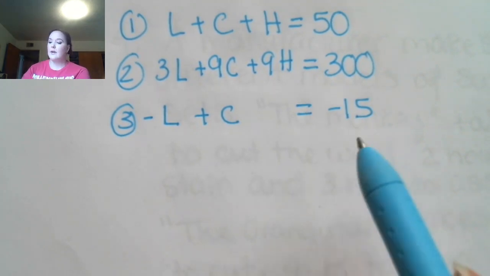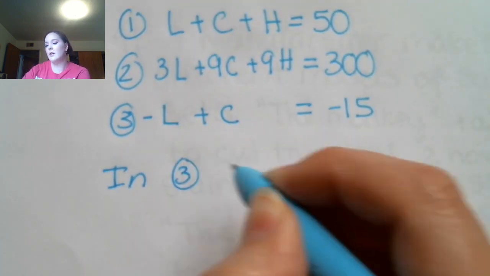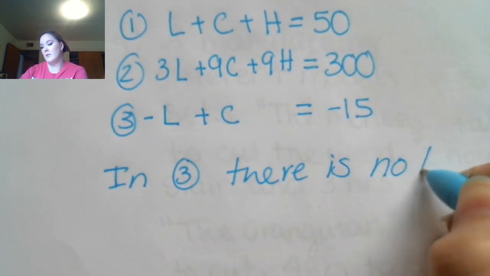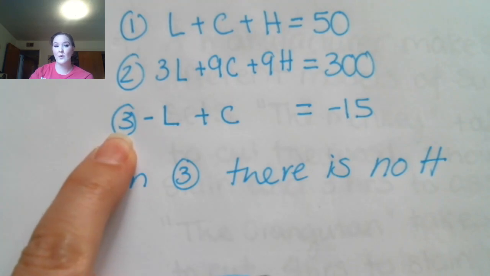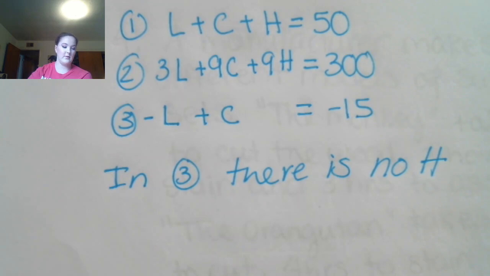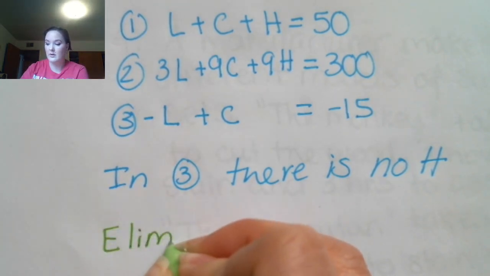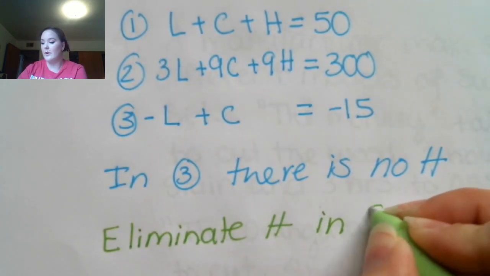Now you can already see that in equation 3, there is no H. So that means I don't need to develop two equations that only have two variables, because this equation already only has two variables. So I'm going to take equations 1 and 2 and eliminate H in 1 and 2.